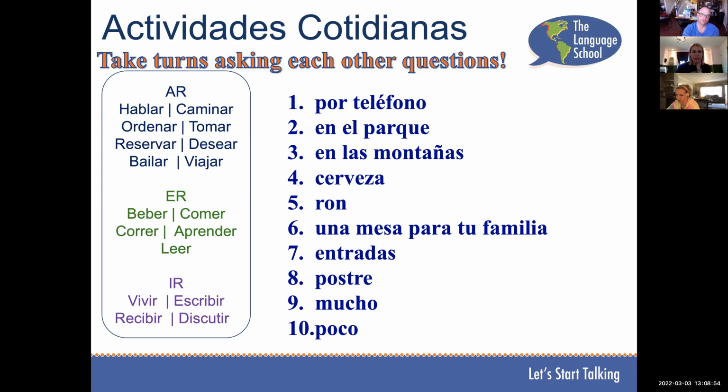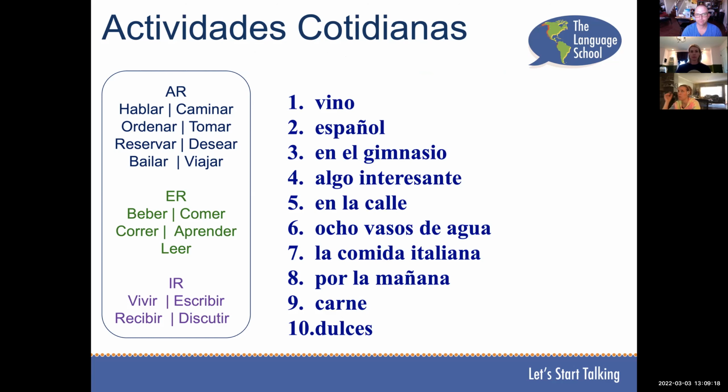Let's see. ¿Escribes mucho? Sí, escribo mucho. ¿Bailas poco? Sí, bailo poco. Muy bien. Keep going.